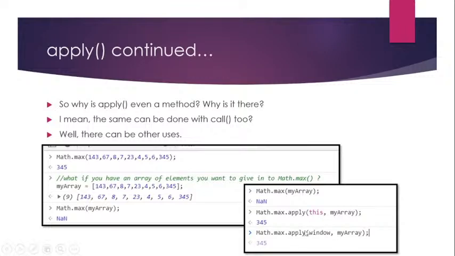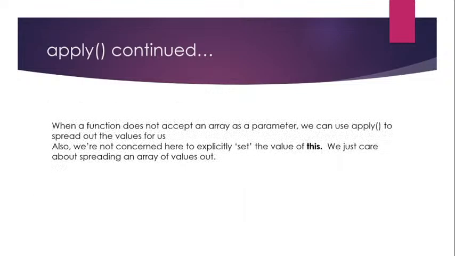So now that we know that apply can do a lot more things than call, let's just see what apply can do in written state. When a function does not accept an array as a parameter, we can use apply to spread out the values for us.